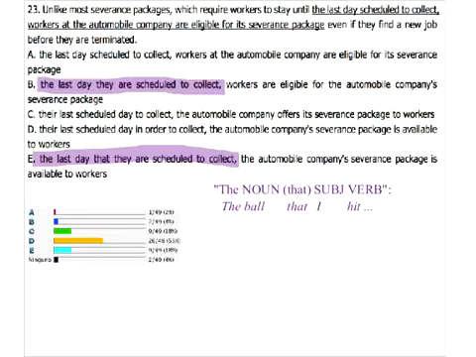The book that I read. The test that I took. And by the way, in these constructions, notice that for the most part, the word that is going to be optional. If the meaning is clear without that, then that is something you can omit, unless it actually clarifies something.